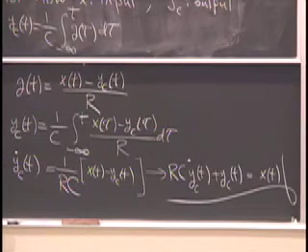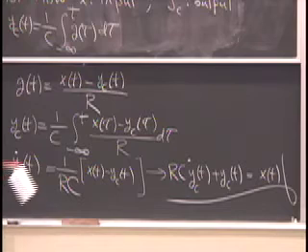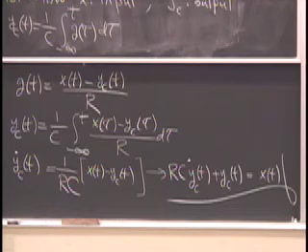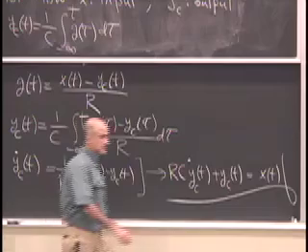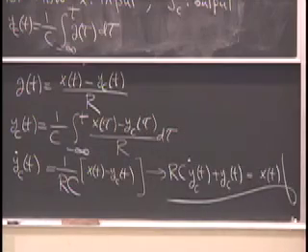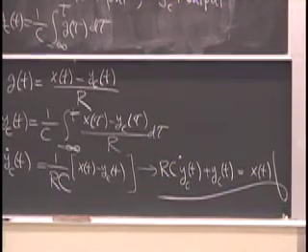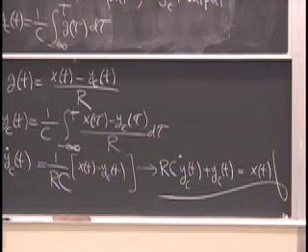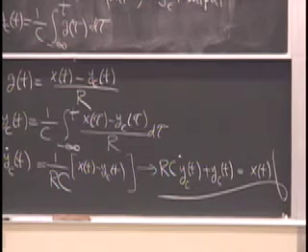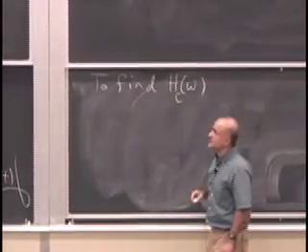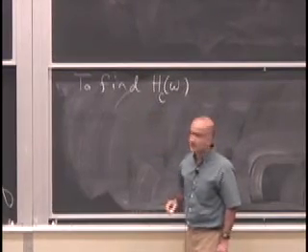Can you tell me what the frequency response is by fiddling around with the differential equation? Using a similar technique that we used when we dealt with difference equations. What was the trick there? To find H omega, I'm going to use HC just to highlight the fact that this is a frequency response from X to YC, not to YR, because that's another system if you consider YR as the output.